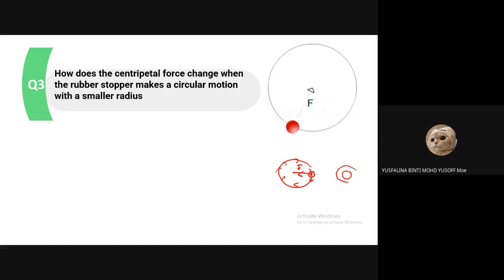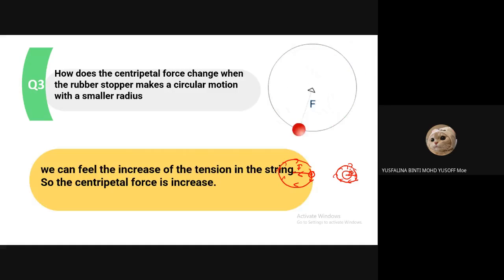The radius is smaller. Let's say this is the object, and this is the R. You can see the R is smaller. So what will happen to the centripetal force here? The centripetal force also will increase. You can feel the increase of tension in the string.